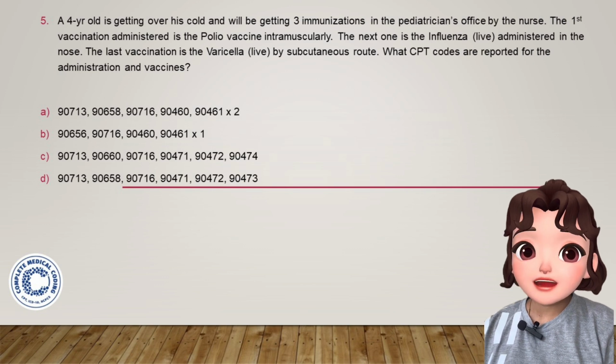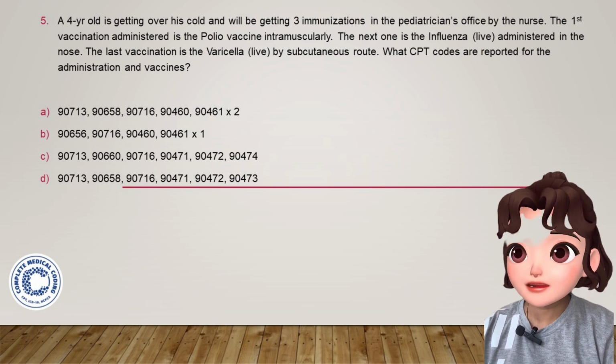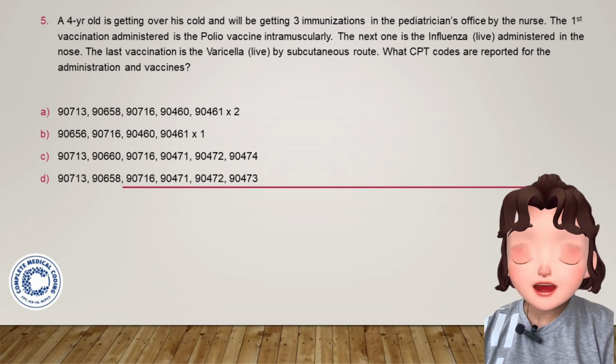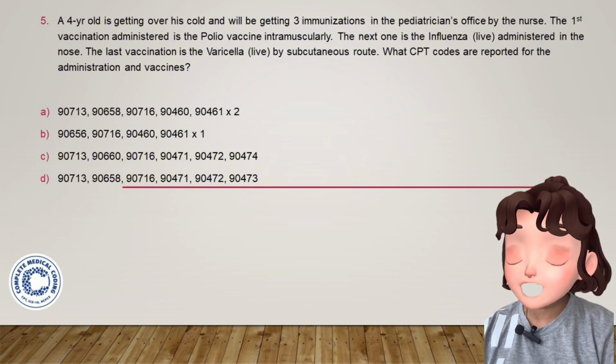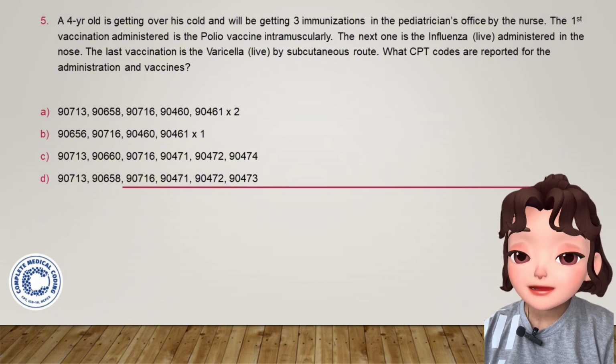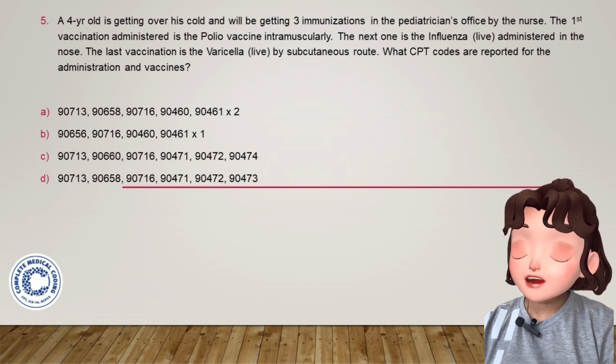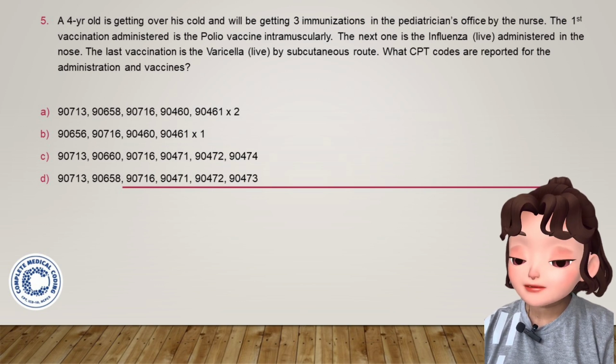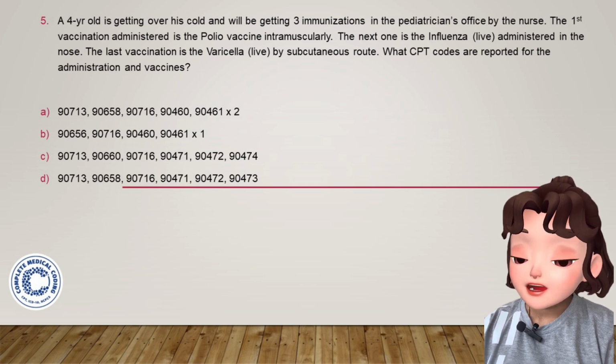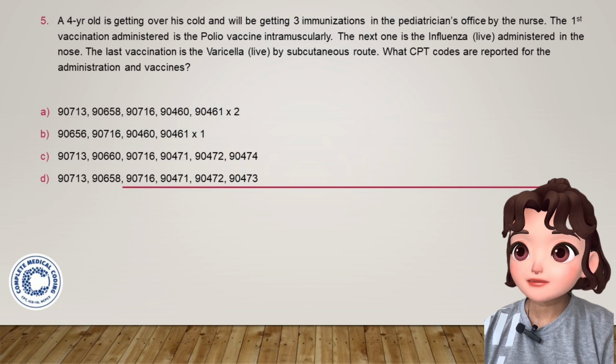So we have to use the code for intranasal also. Which are the codes for intranasal? 90473 and 474. But we will not code 90473 along with 90471, as I mentioned in the guidelines, and it's also mentioned just below CPT code 90473. We should not use the main codes 90471 and 473 together. So we will use the additional intranasal code 90474.